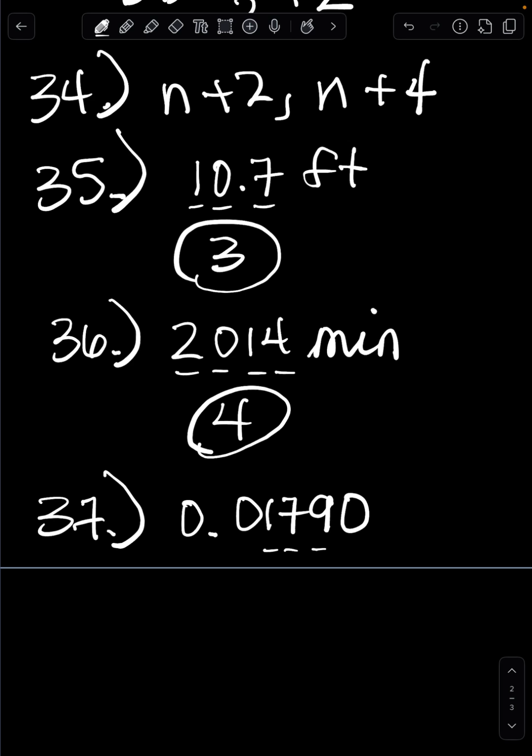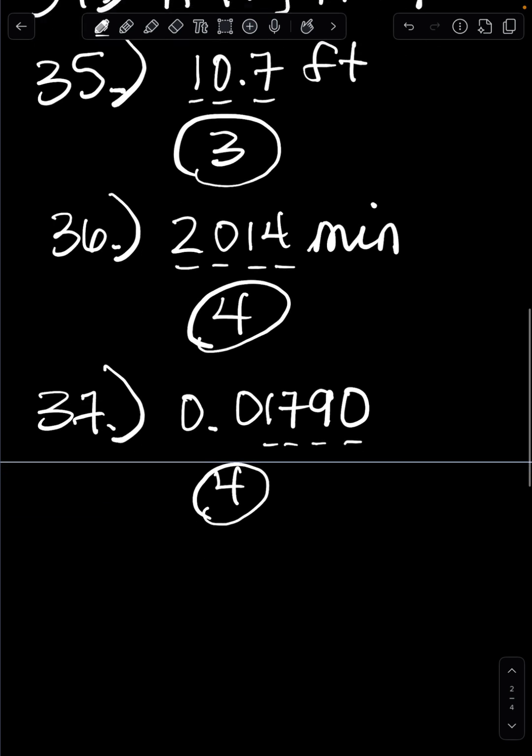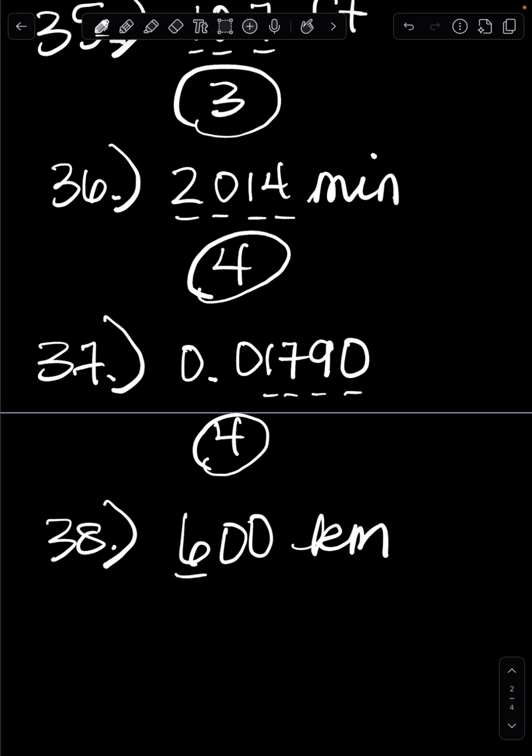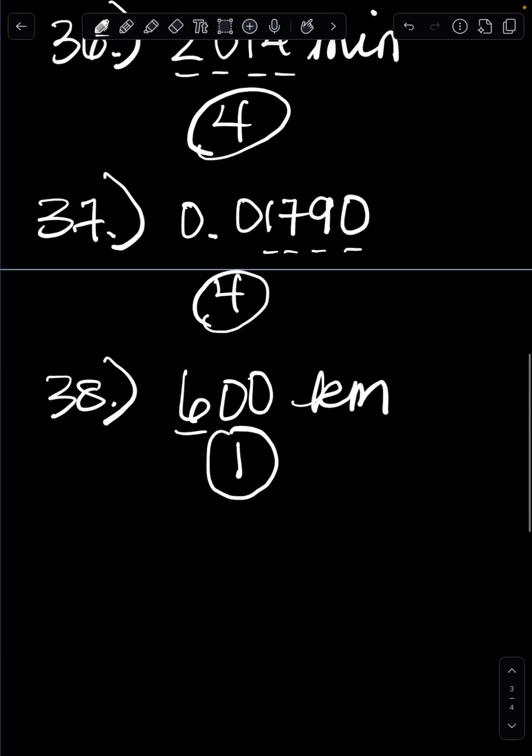So 1, 2, 3, 4 significant digits. Number 38. A state that is 600 kilometers wide. Okay, so we're just going to count the 6, 1 significant digit.